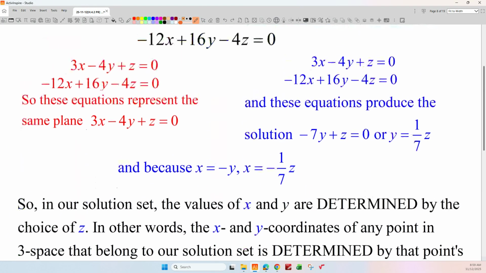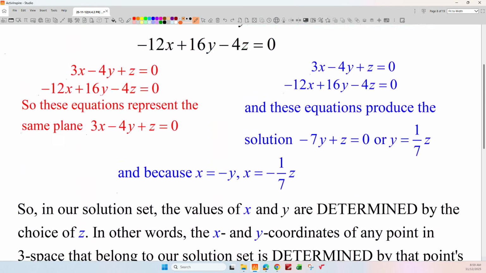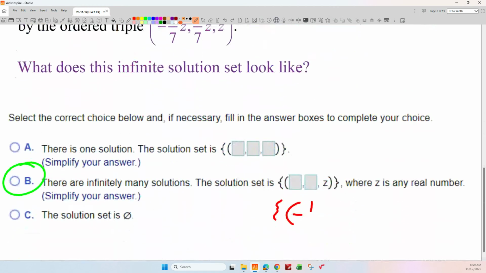Was x positive or negative? I can't remember. Negative, yeah. That's our solution set, all the points that follow that pattern where I pick z randomly. An infinite number of values I could pick for z.